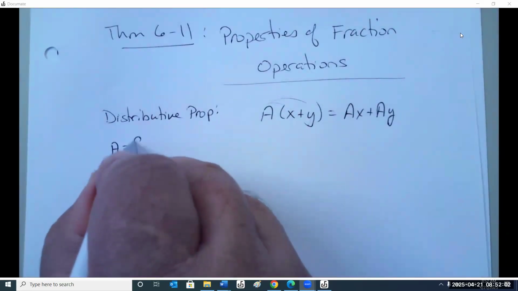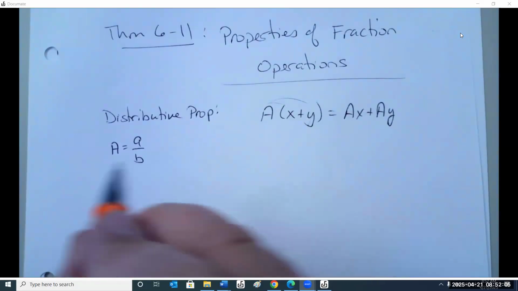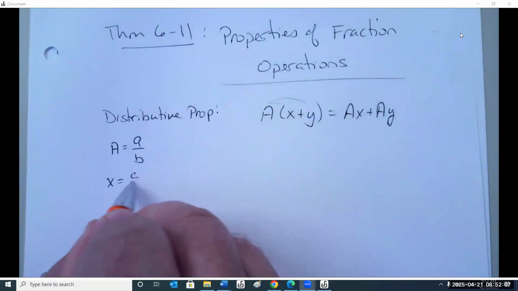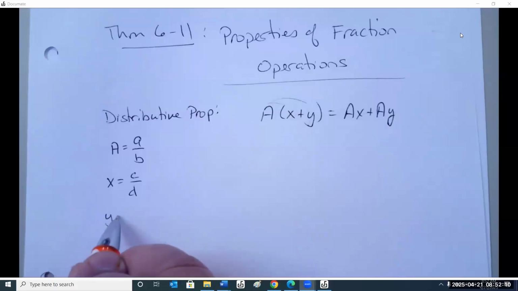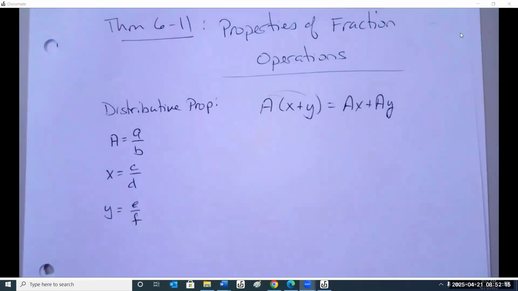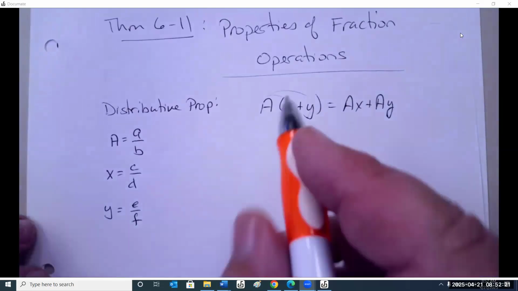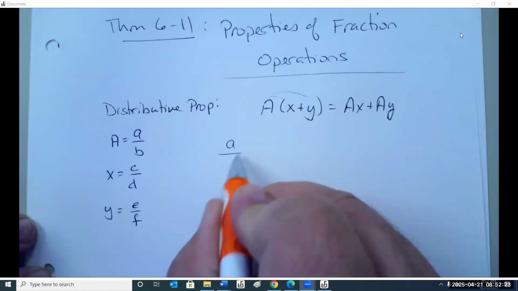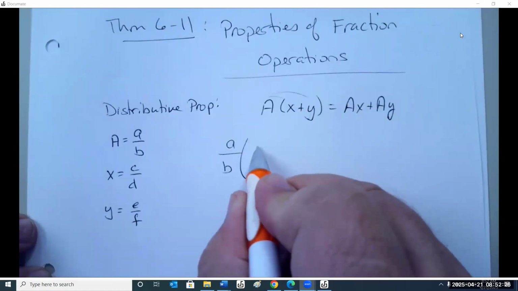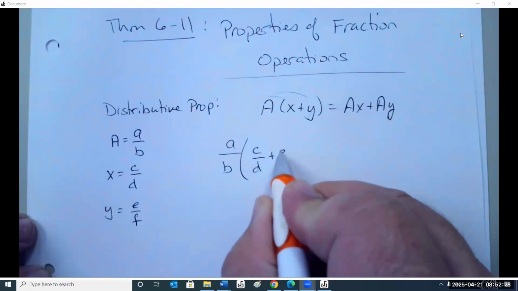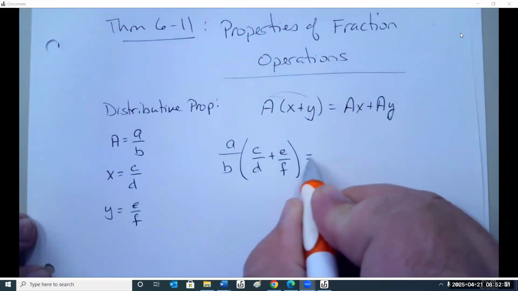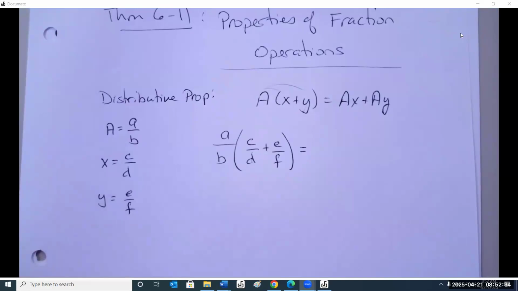A will be A over B. X will be C over D. And Y will be E over F. That could be integers, fractions, or decimals. It doesn't matter. It's the same property. So A over B times C over D plus E over F, you do the same thing.